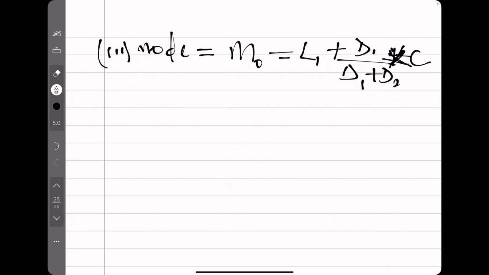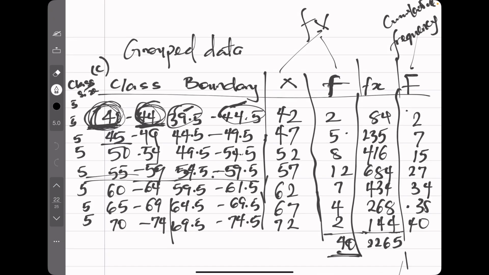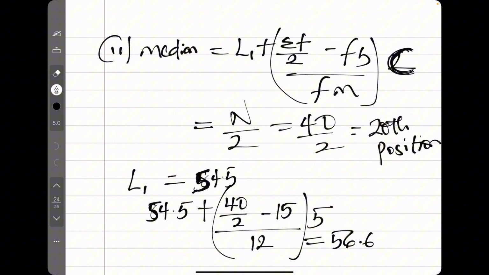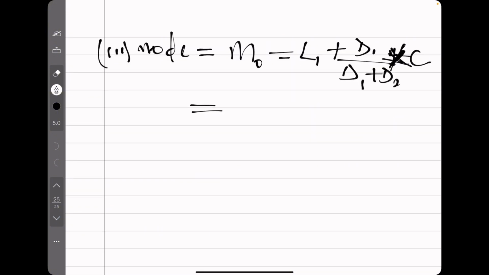multiplied by C. So what is our L1? It is the lower class boundary of the modal class, which is this class. The lower class boundary happens to be 54.5. So 54.5 plus D1. Now we have to define our values. What does D1 mean?